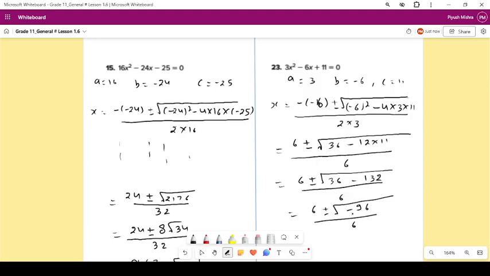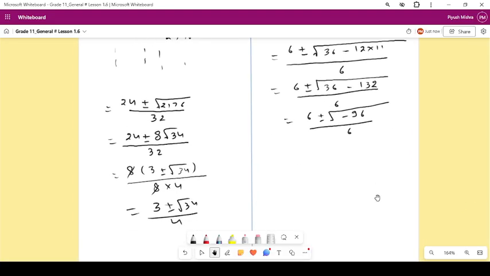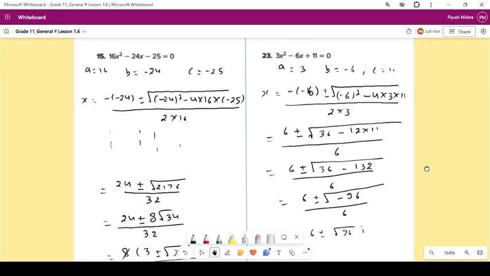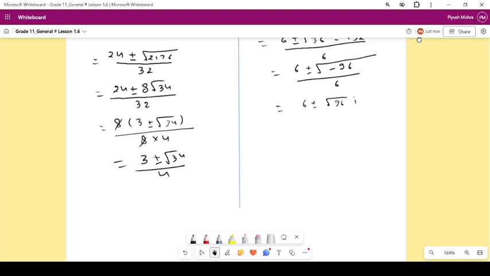I know that if the square root is negative, it will be imaginary, because square root of minus 1 will be i. So further solve it. You will get 6 plus minus root of 96i by 6.